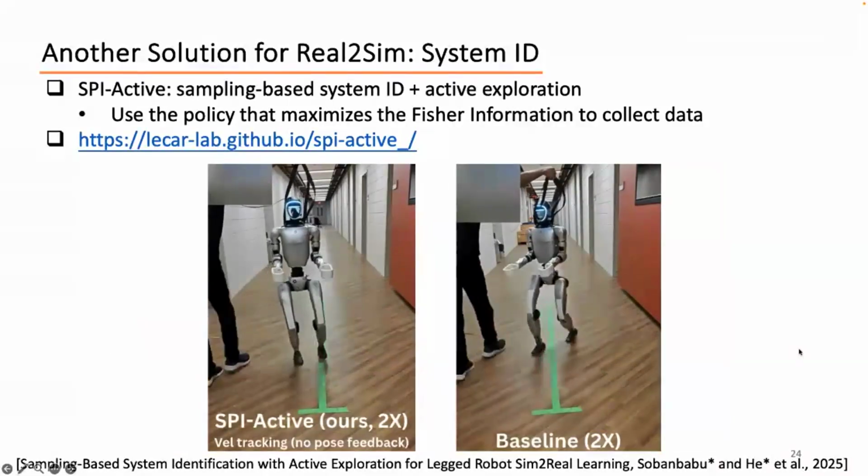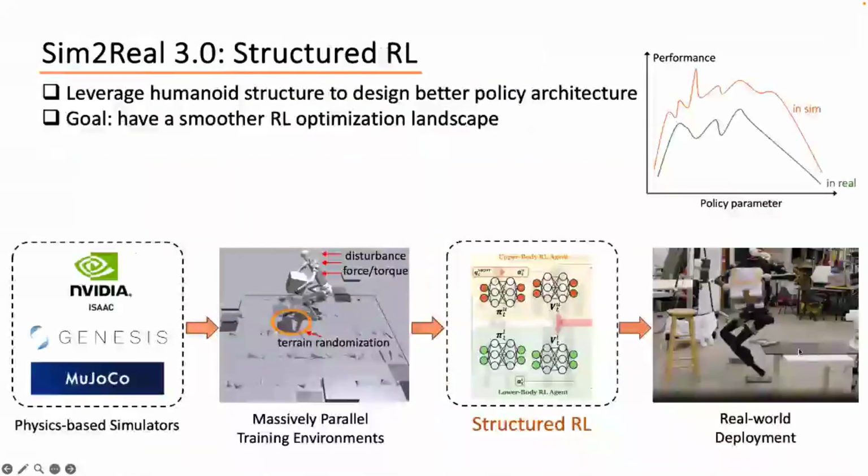All right. I want to spend 3 more minutes, 4 minutes, on structured RL, and then we can conclude and go to questions. So another idea of Sim2Real 3.0 is structured RL, right? If you remember in this Sim2Real figure, another big problem is that this orange curve is too complex. It's very hard to tune, right?